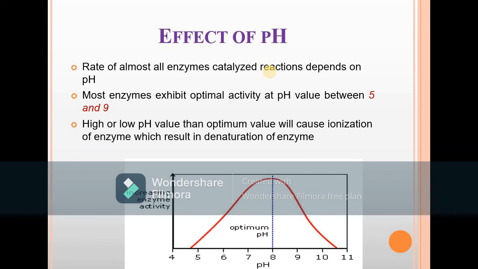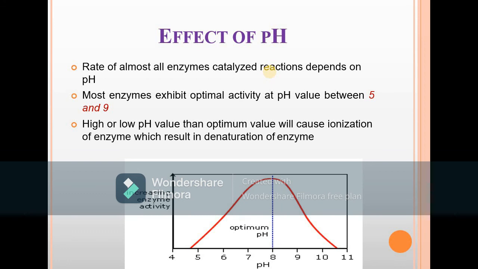The next is about the effect of pH. All enzymes work at their maximum rate at a narrow range of pH. In the same way, an increase in the pH can increase the reaction rate, but only till a certain limit, that is the optimum pH. Most enzymes exhibit optimal activity at pH values between 5 and 9.